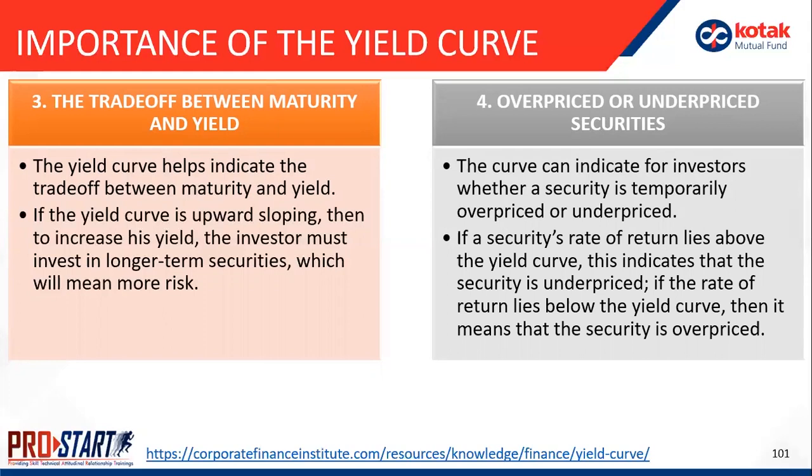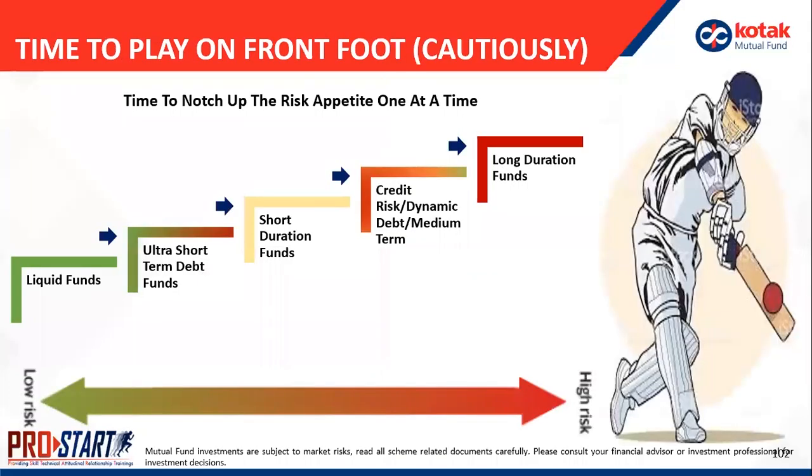So it's time now to play on the front foot, but cautiously. As we move on the risk-return matrix from low risk to high risk, we see that the liquid funds are in position number 1 on the left side, followed by the ultra short term debt funds, followed by the short duration funds.